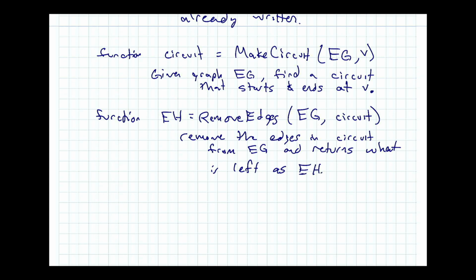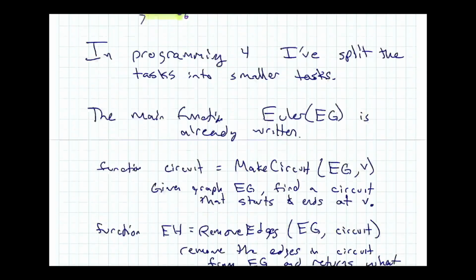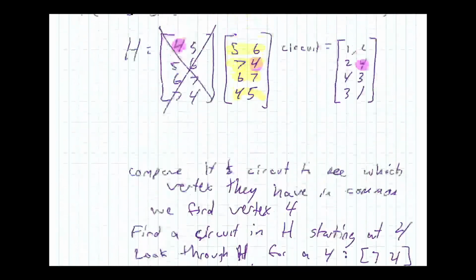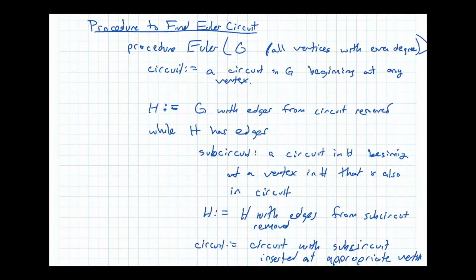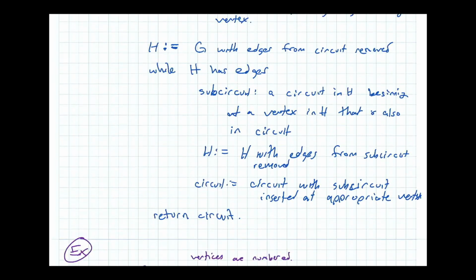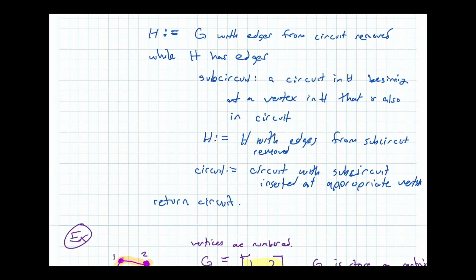Well, why do we need that? Well, again, you come up to your pseudocode, and in the pseudocode, this line right here, H equals G with the edges from circuit removed. So we want a function that just does that. And then also down here, you have H with edges from subcircuit removed, which is the same function, right?